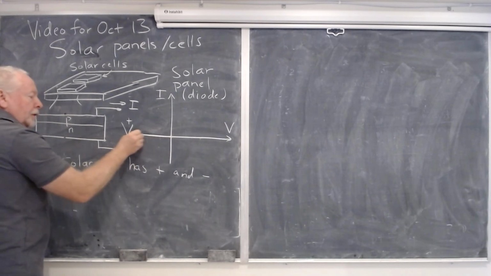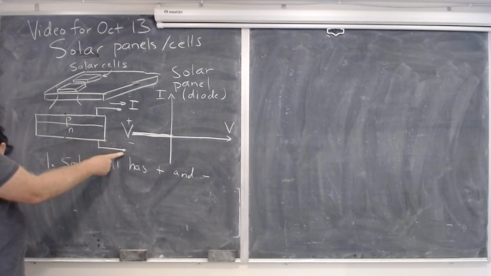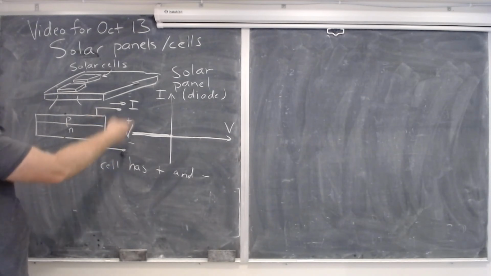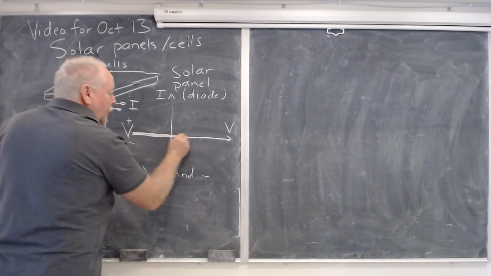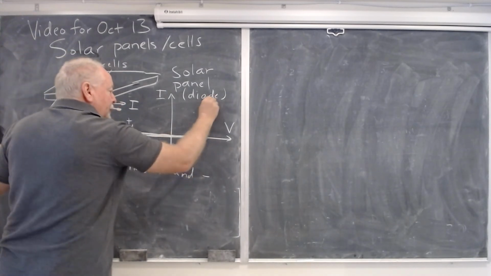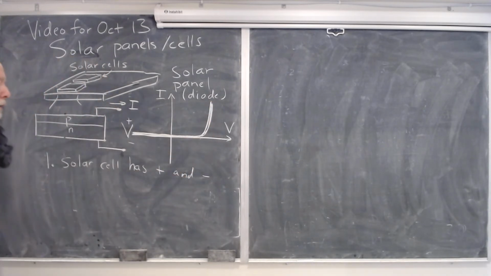If I put a positive voltage on this terminal, meaning a negative V the way I've referenced it, I get no current. But if I put a positive voltage on the other terminal, I get current. So this is sometimes called a unipolar device. It's not important how you think about it.